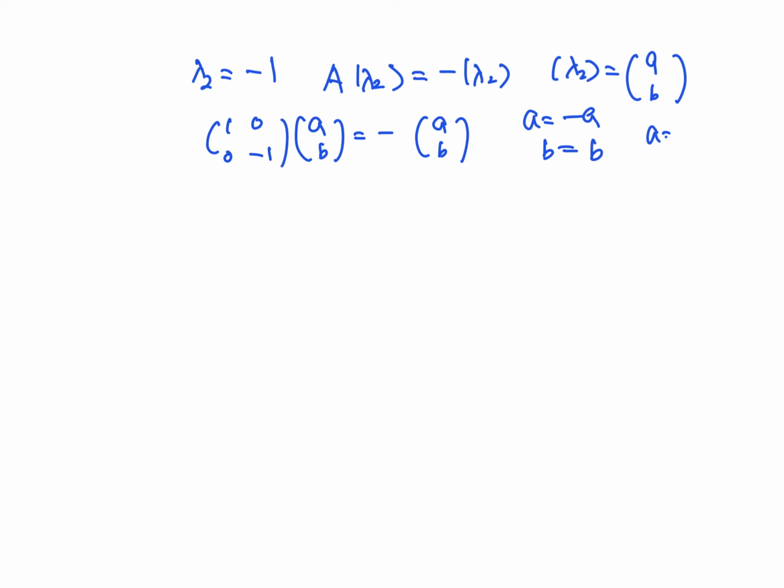So A is equal to 0, B is equal to 1. We can say for lambda 2, which is minus 1, the eigenvector lambda 2 is (0, 1). So far, everything fits with our previous result, right?